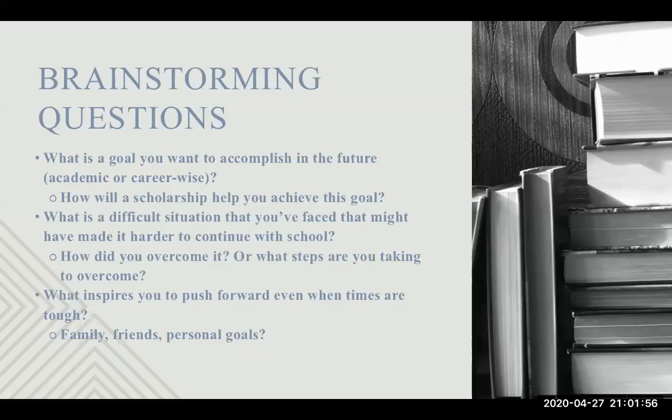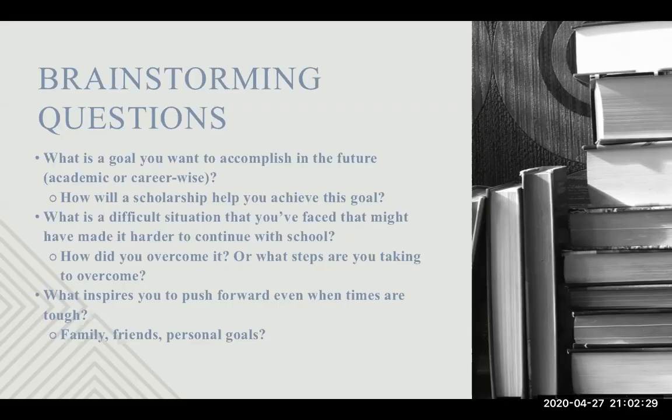So you want to talk about how you overcame it. You're really flipping it and looking at it from a positive standpoint. And if it's something that you're currently going through, what is your plan? It doesn't have to be something that's happened in the past. It could be something that you're going through right now. But just make sure that you talk about what your plan is to move forward, to come out of the situation smarter, stronger.